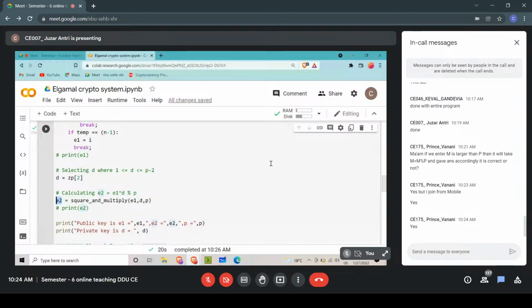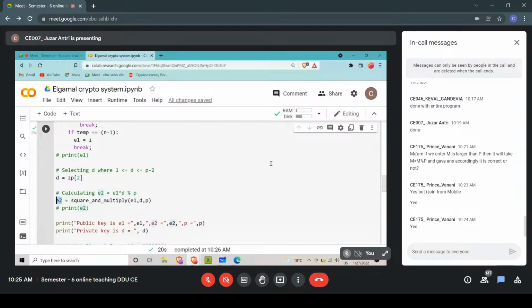What is the encryption value? Let me print the encryption. Encryption is this, and decryption is also this. Enter any other value.